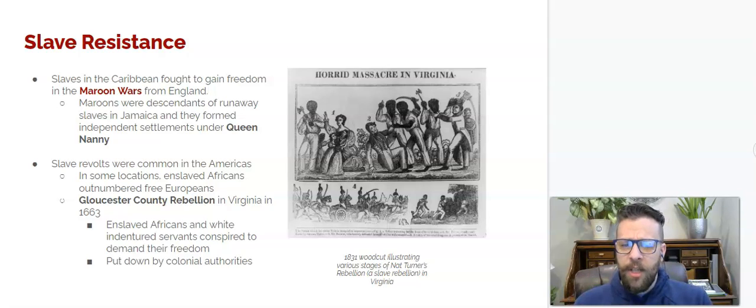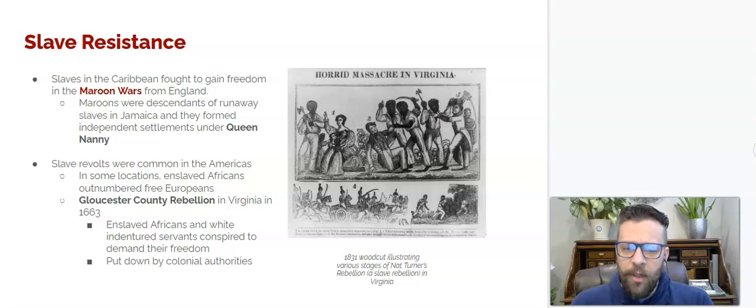There's a couple good examples here from British controlled areas, both in the Caribbean and in North America. Slaves in the Caribbean, where many slaves were sent to work on sugar plantations, saw a large growth in the numbers of African slaves brought to the Caribbean, and they began to organize and fight for their freedom.